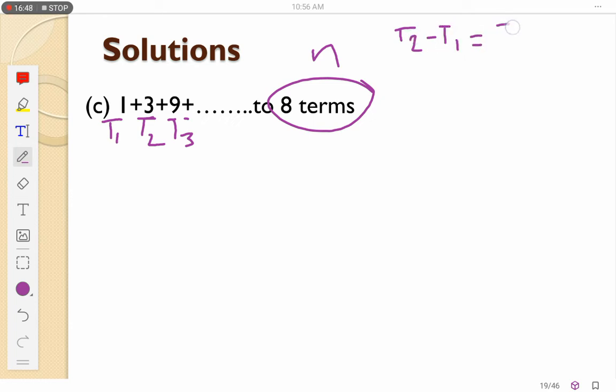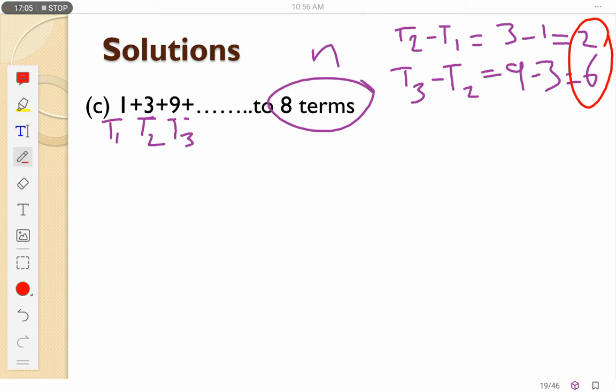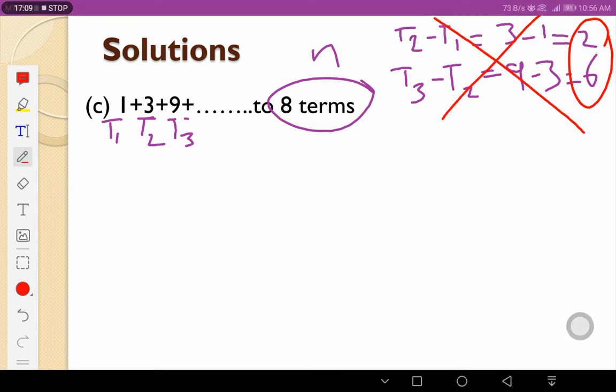I'll have 3 minus 1, I'll get a 2. I say T3 minus T2, what do I get? I've got 9 minus 3, I'll have here a 6. So when this happens, I don't have a common difference. It means it's not an arithmetic sequence, so we can cancel that.